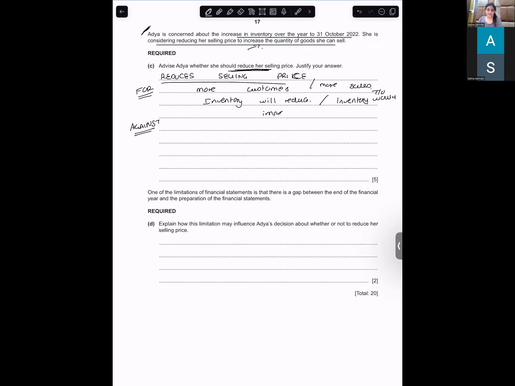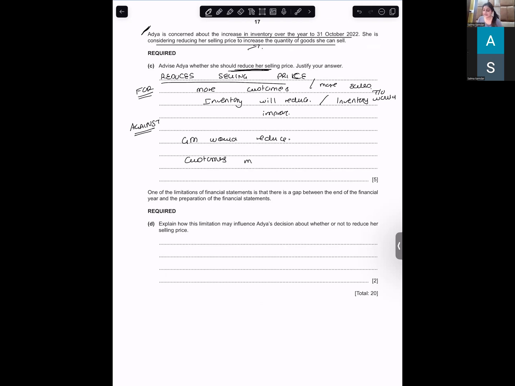Now the against points. She might gain very little profit, a very low gross margin. She would require more goods to be sold in order to gain the same amount of profit she may have had.